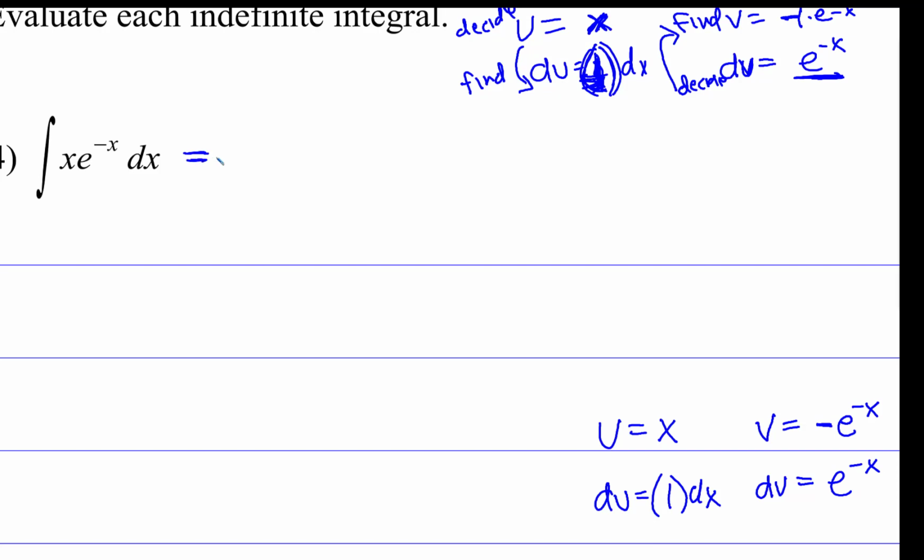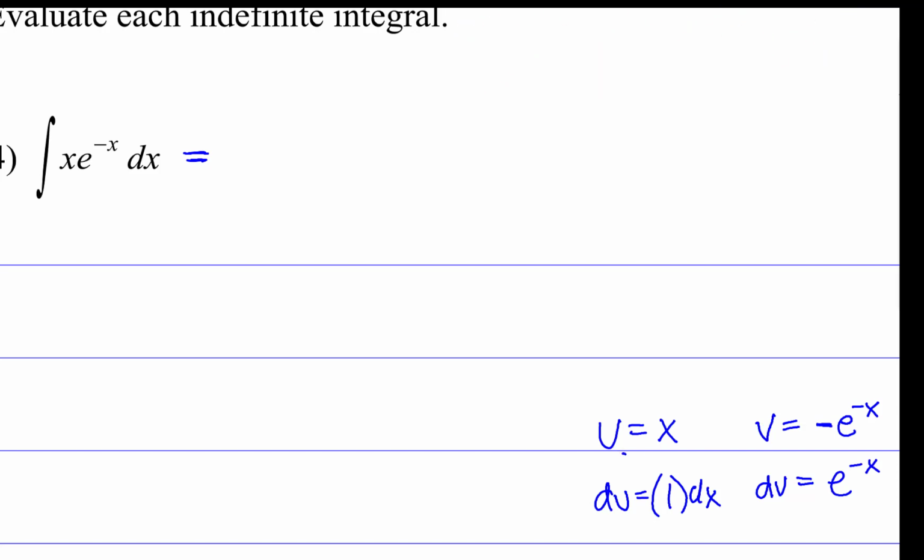We can say u times v. Let me erase all this stuff up here so I have room now. U times v. So this is a negative times a positive, so I'm going to put negative x e to the negative x. And pretty soon, in the final, we could rewrite this as negative x over e to the positive x. But for right now, I'm going to leave it.